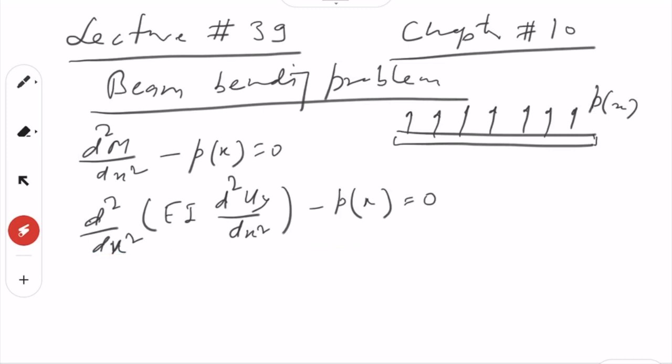Weak form. Yeah, so this is a strong form, and we found out the weak form, and the weak form is something like this.